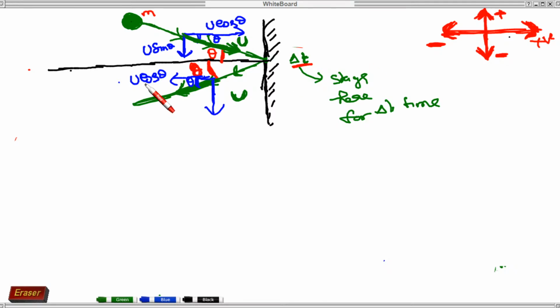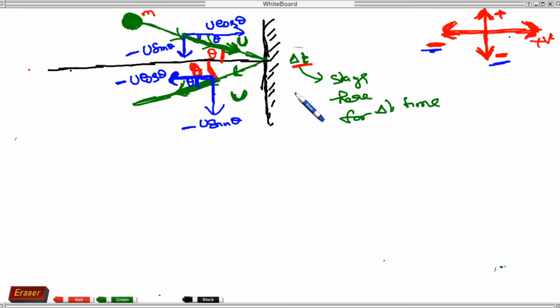So let's put the sign here. This will be negative. This will be negative. And what about this one, u sin theta? This will also be negative, as I told you. And in the above part, this one will be negative.